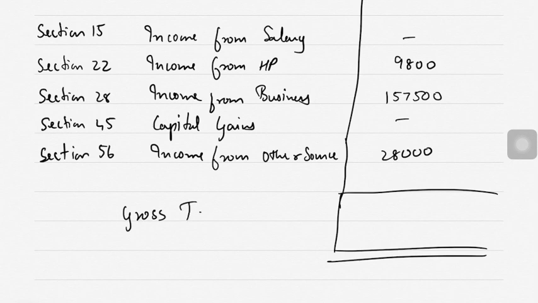Total, this is your gross total income. $1,57,500 plus 9,800 plus 28,000. Which is 1,95,300. Okay.